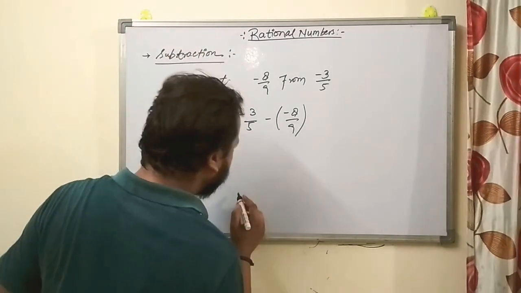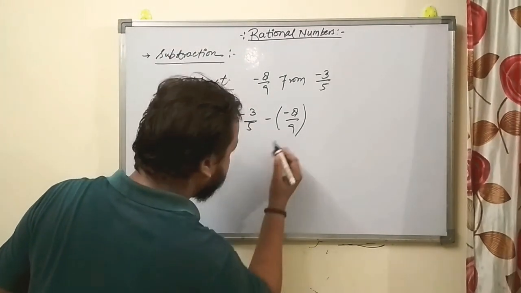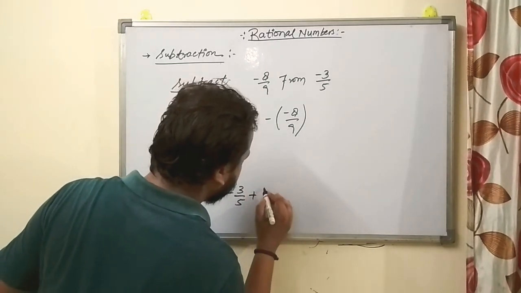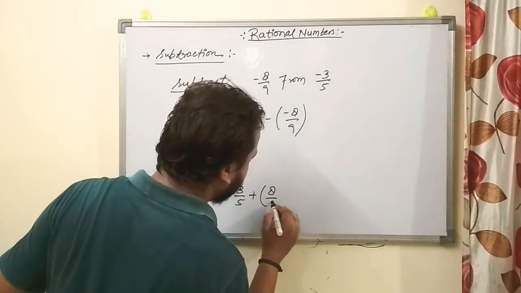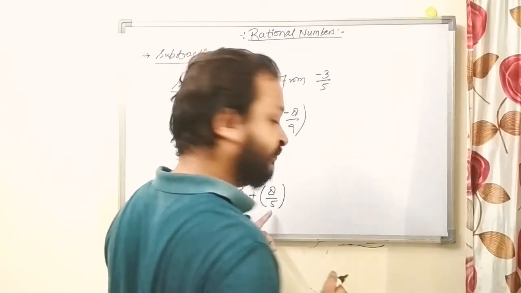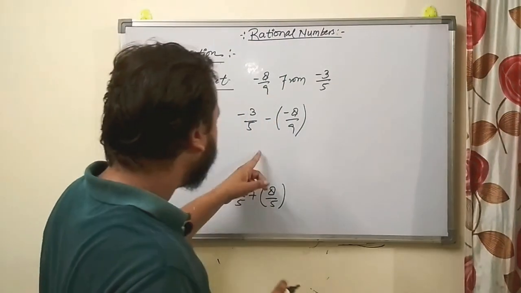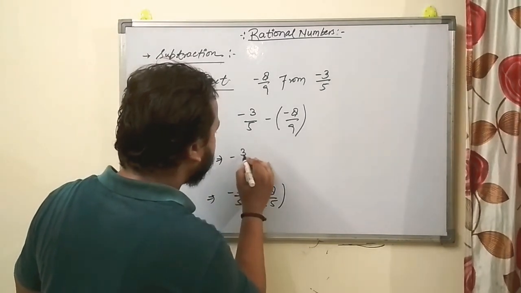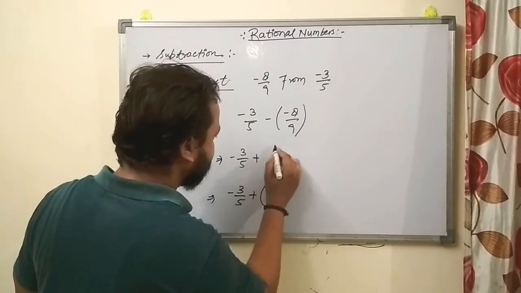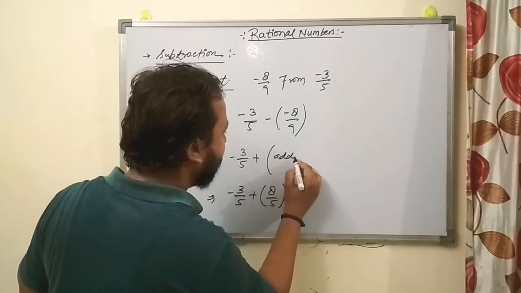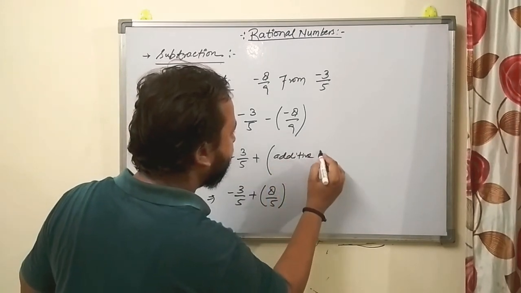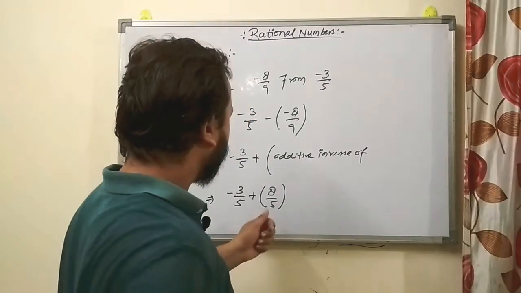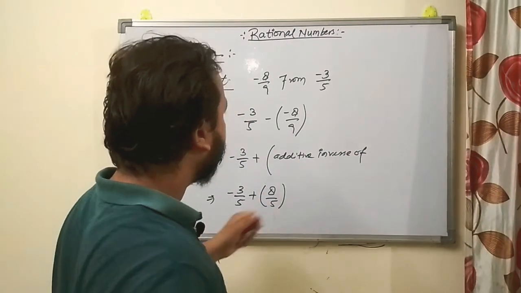And after that, in the next step, it is converted into plus 8 by 9, right? So in this step, you have to write it as minus 3 by 5 plus the additive inverse of minus 8 by 9.